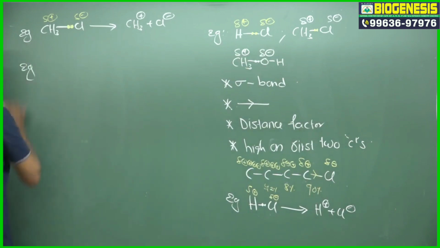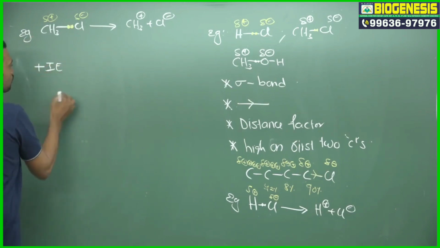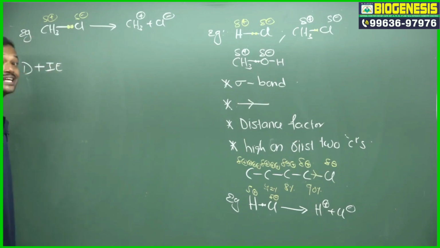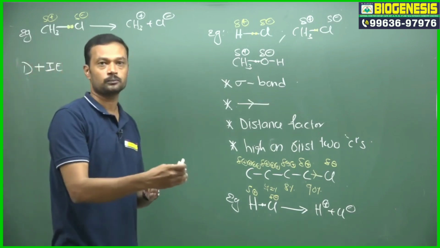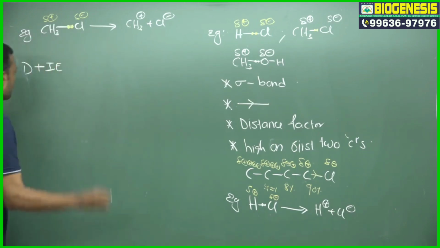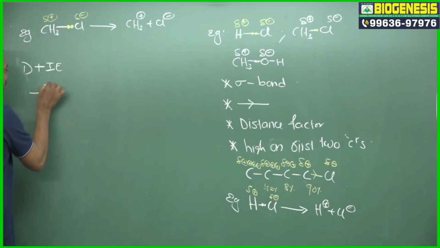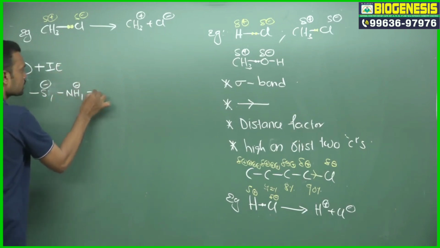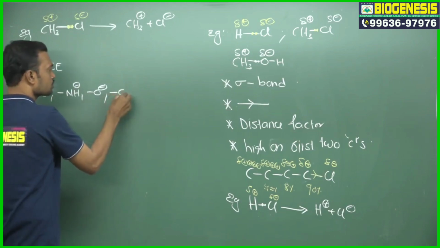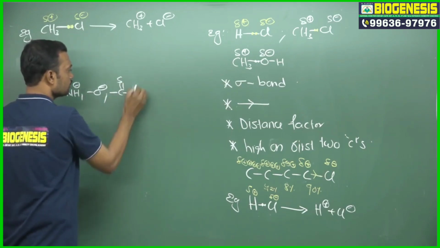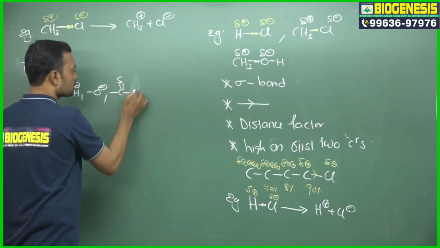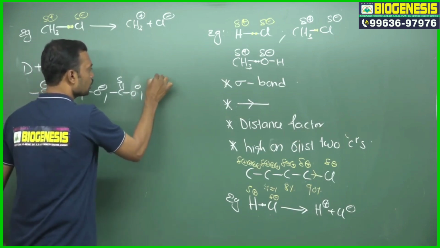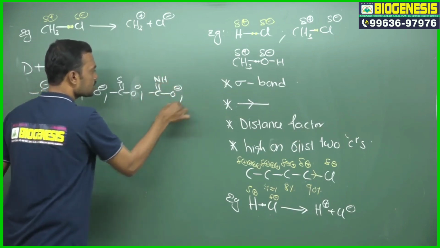Now, the inductive effect is generally classified into two types. That is the plus inductive effect, which releases electrons through a sigma bond. The best examples for this: S minus, NH minus, O minus, then C double bond O with O minus, and so on.